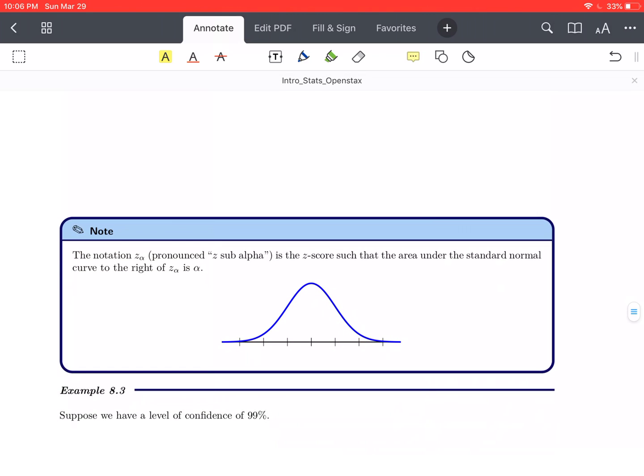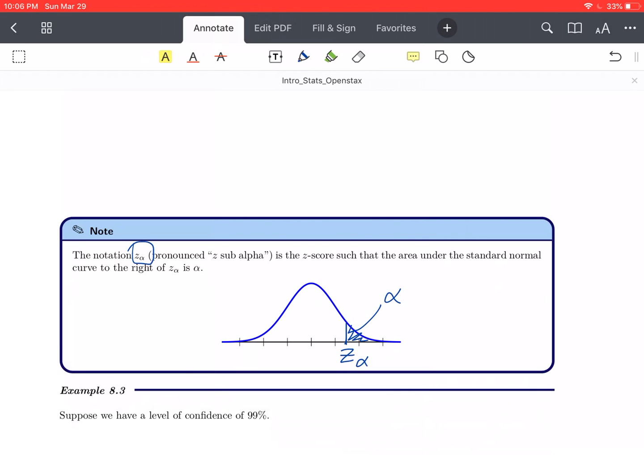We talked about this at the end of the last chapter, this notation of z sub alpha. This is the z-score such that the area under the standard normal curve to the right of z sub alpha is alpha.